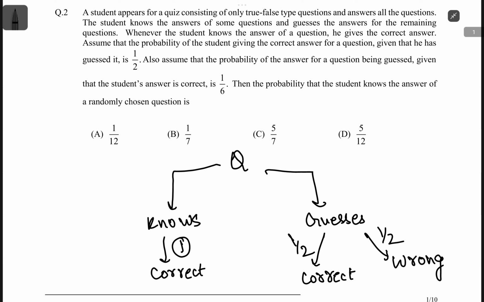So also assume the probability of the answer for a question being guessed, given that the student's answer is correct, is 1 by 6. So probability of question being guessed given that the student's answer is correct is 1 by 6, which can be written in this form.